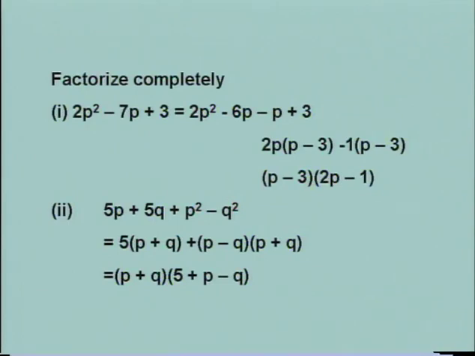We repeat that but change the sign from minus to plus. So p plus q is common, and hence if we extract p plus q as a common factor, we'll have p plus q into 5 plus p minus q.